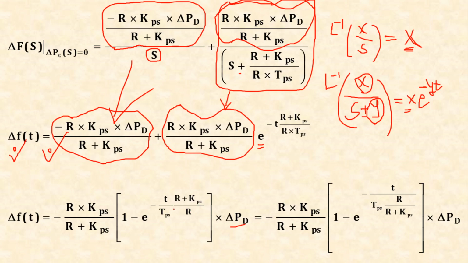Clear? Now again I will make a slightly small change. In this particular exponential term, I will keep the time variable in numerator and the remaining term I want to write in denominator. So, this r plus kps which is in numerator will come to the denominator of denominator. Clear?